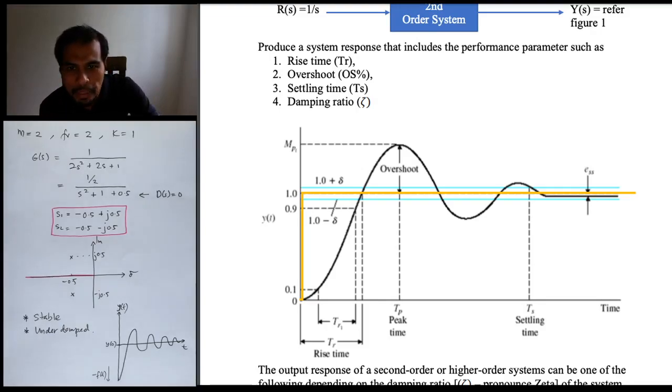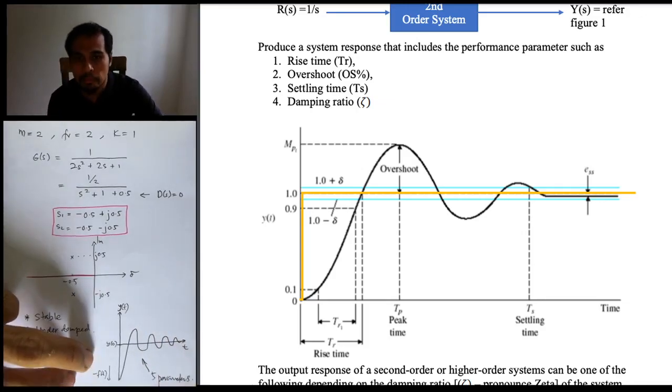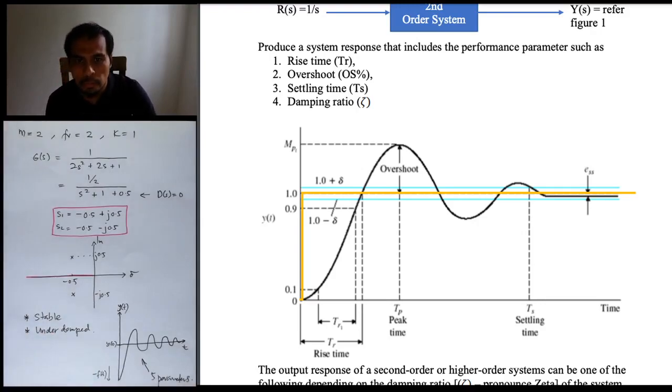We have one more, peak time, the time where the response reaches its peak. So peak time, settling time. So there are 5 parameters we can determine from second order systems, whereas in the first order system we have only 3.